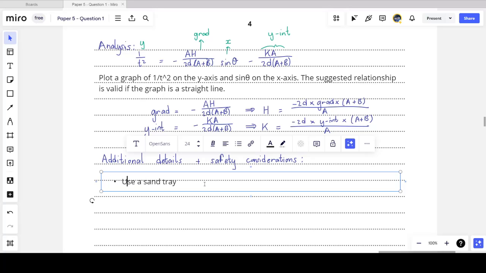I'll write these as point form, but again, you're not going to write them as point form. You're going to write them as part of your method.